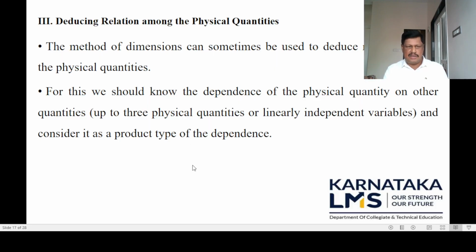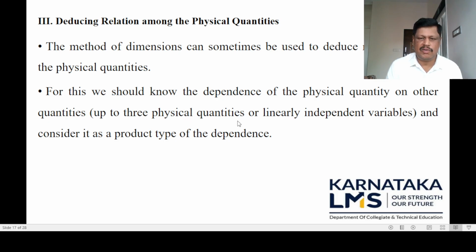The third use of dimensional analysis is deducing the relation among physical quantities. How to derive an equation using dimensional analysis. The method of dimensions can sometimes be used to deduce relations among physical quantities. For this, we should know the dependence of the physical quantity on other physical quantities.